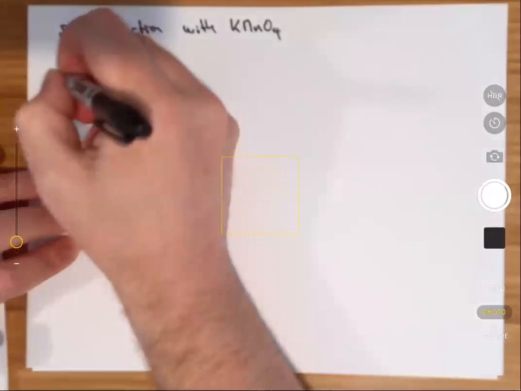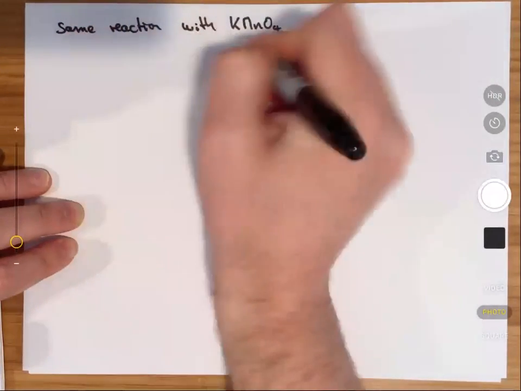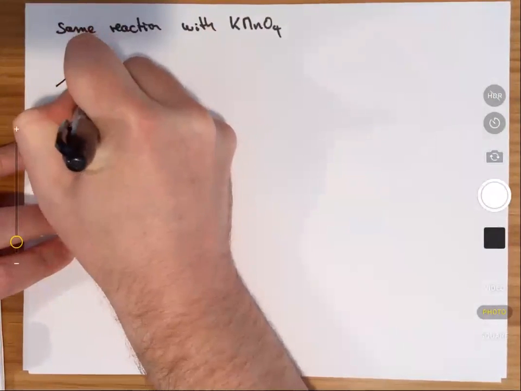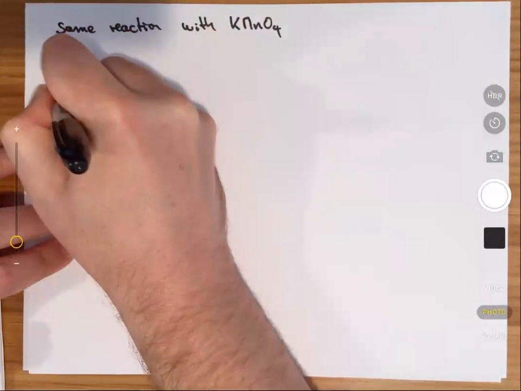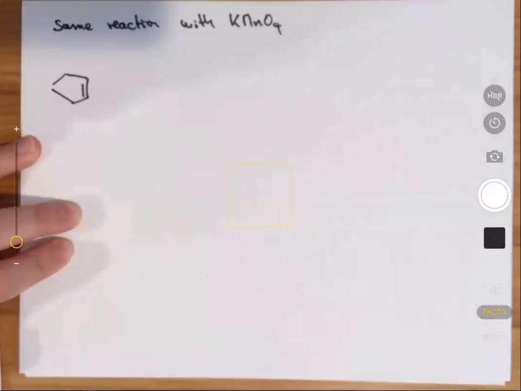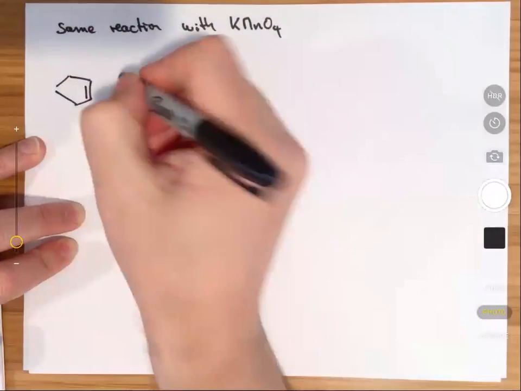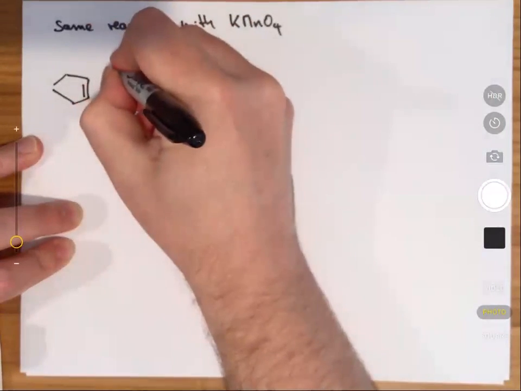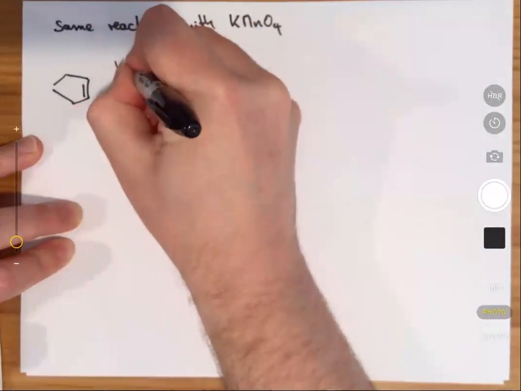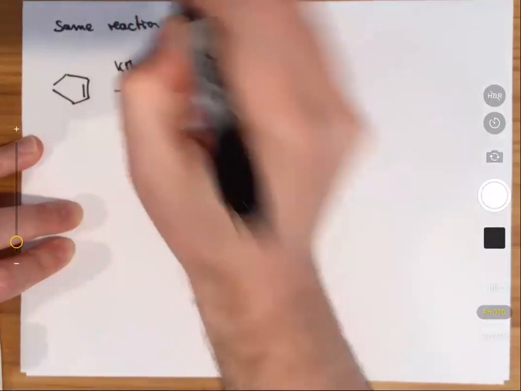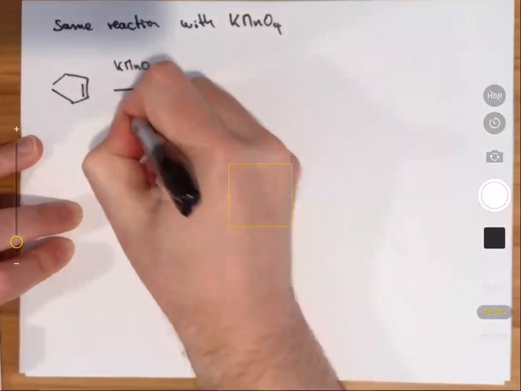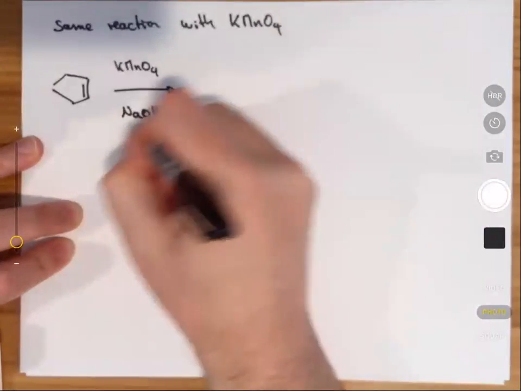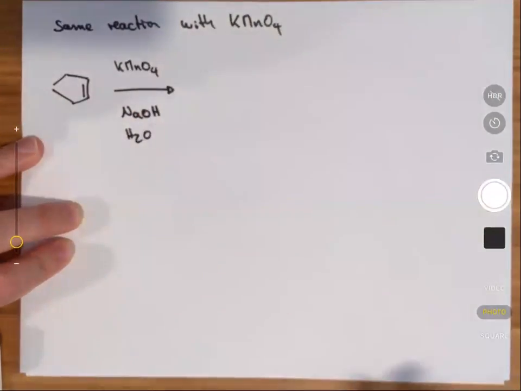The problem is that in order to control the reaction with potassium permanganate, you have to have a very, very tight control over the temperature of this reaction. So if we have, for example, a cyclic double bond like this, and we use stoichiometric amounts of potassium permanganate, so we're not using catalytic amounts here, and then we have to use a base, sodium hydroxide, and usually this is done in water as a solvent.